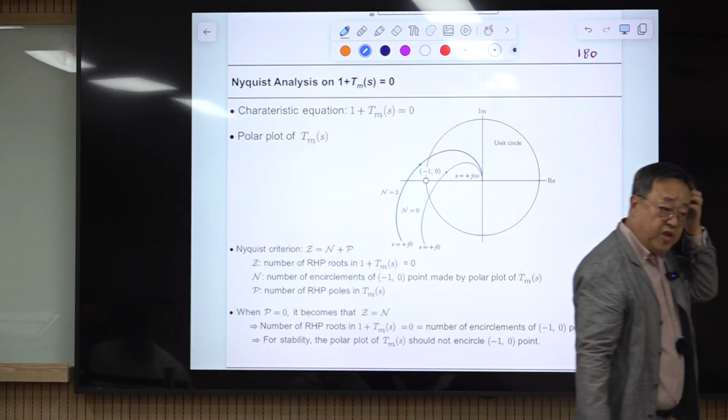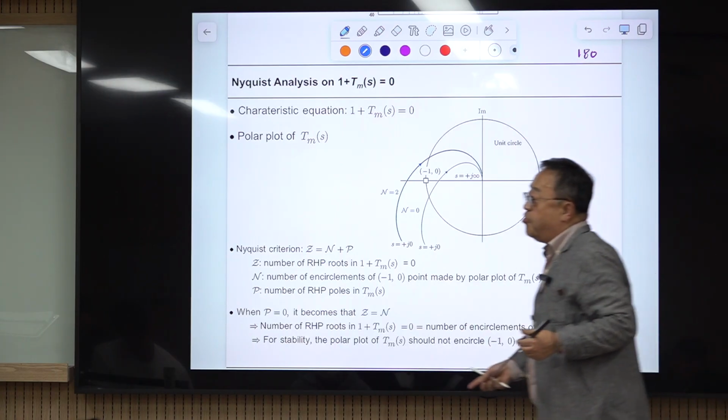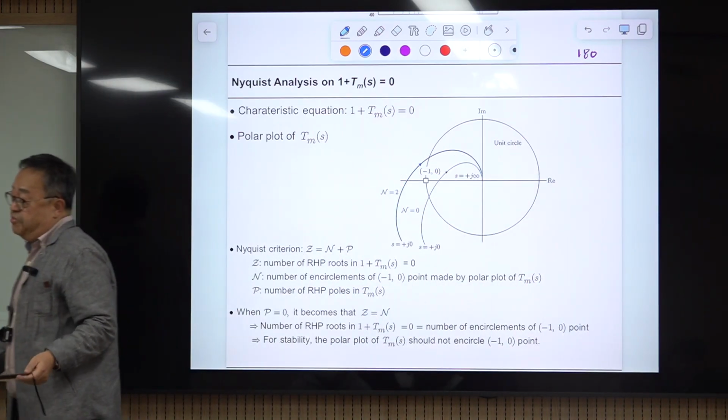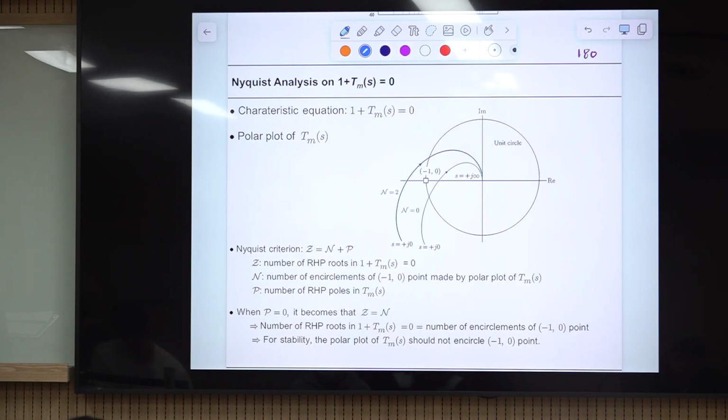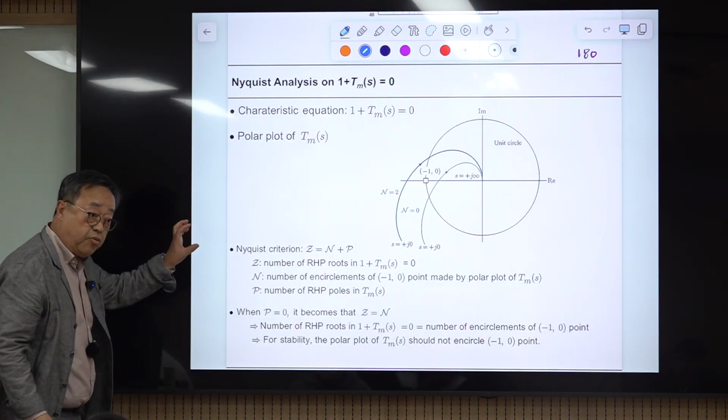That comes from the definition of stability in a linear time invariant system combined with complex analysis, conformal mapping theory and Cauchy's theorem. Everything is combined together, and using that result, Nyquist established a very simple criterion to judge this mathematical problem. This is a mathematical problem, not a stability problem.